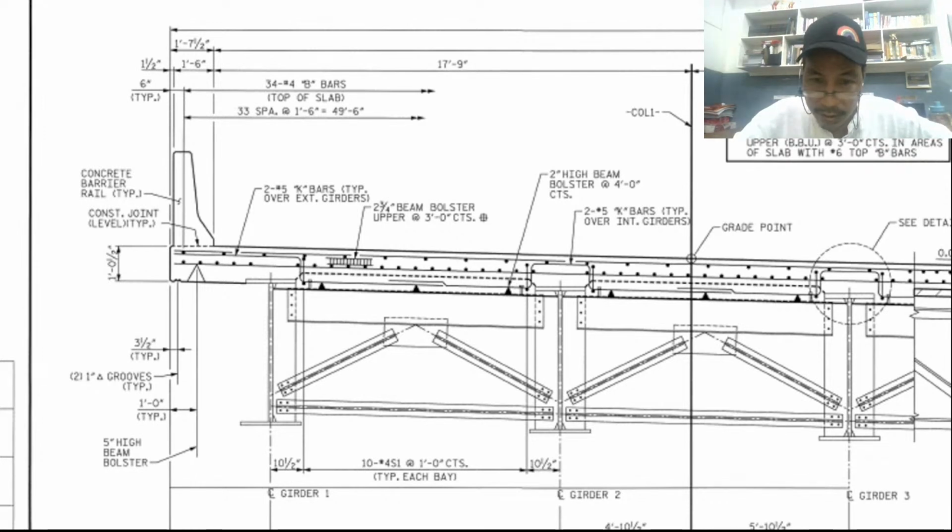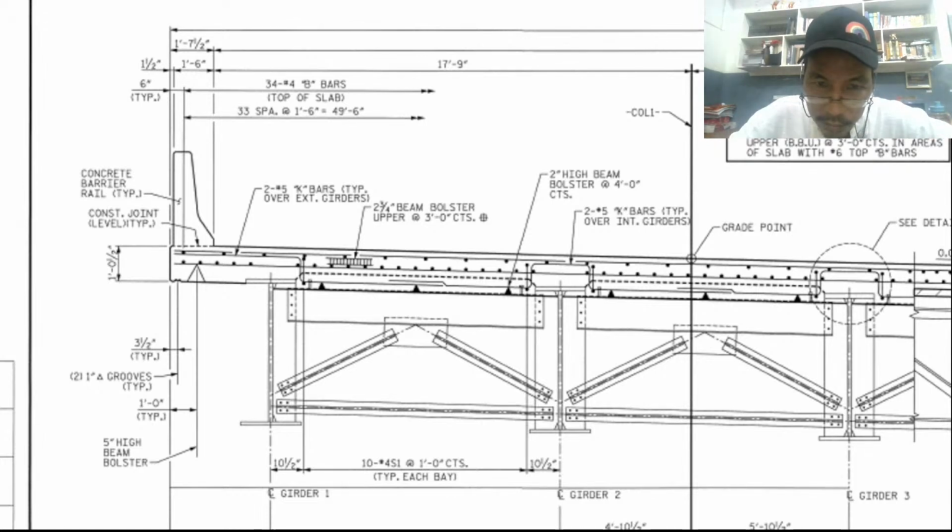Okay. So girders. So we have girder beams. Okay. So 2, number 5. I cannot read it, but I think this is number 5. 2, number 5. This is 34, number 4. Okay, so that is 34, number 4. This is 2, number 5. This is K bars. Okay, K bars. This is B bars. I think this is B bars. This is 34, number 4.